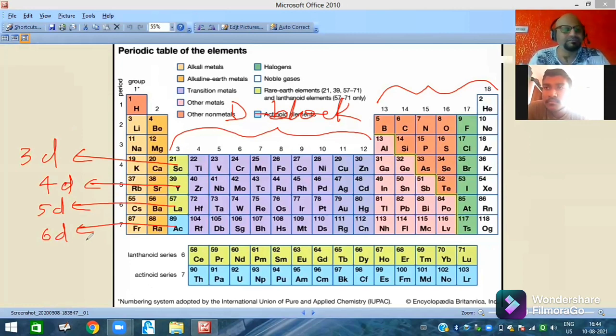Let me explain that. When the last electron goes to the 3D orbital, that is called 3D series. Any element whose last electron goes to the 3D orbital is called 3D series. It means it comes under D block, but within the D block there is a subcategory, that is 3D series. Am I clear?